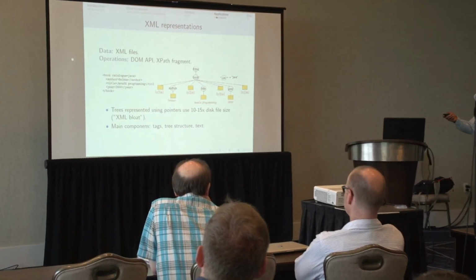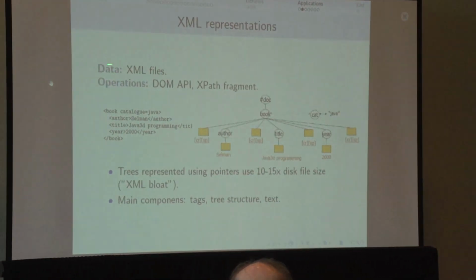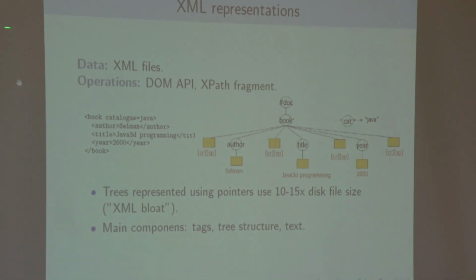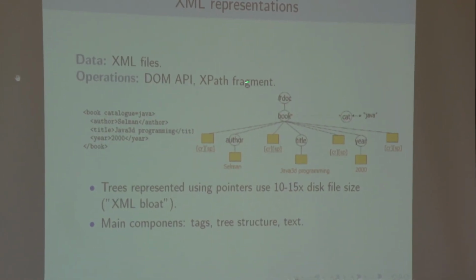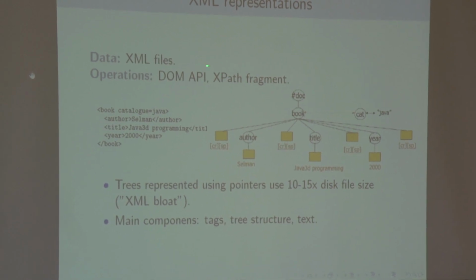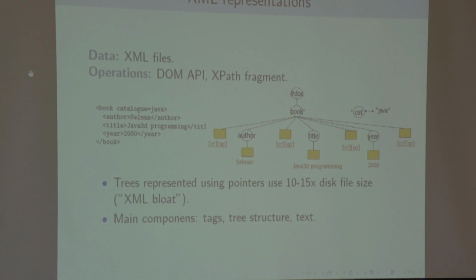What's our data? Data is XML files. I'm not going to talk about the information theoretic lower bound over here. Operations, there are lots of operations. So DOM has an API, and XPath has an API, XQuery has an API. So the set of operations is very well defined over here.